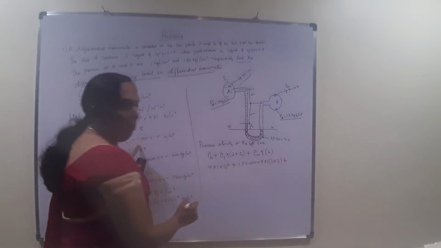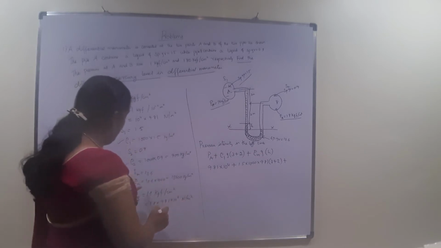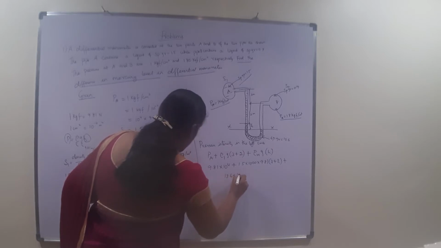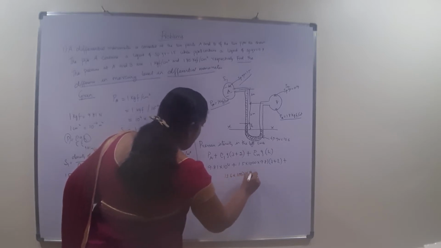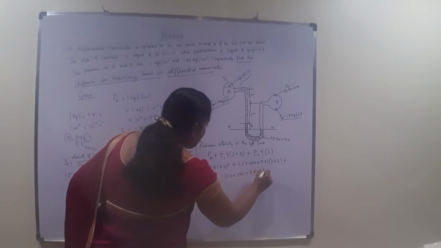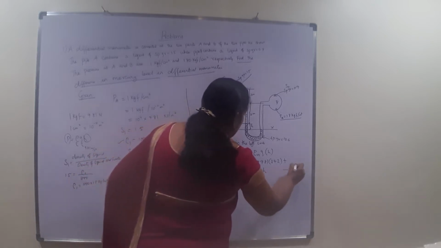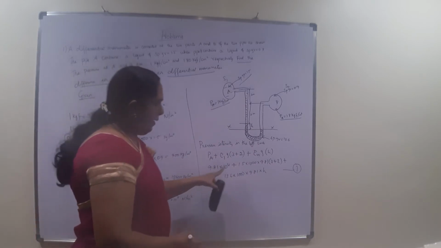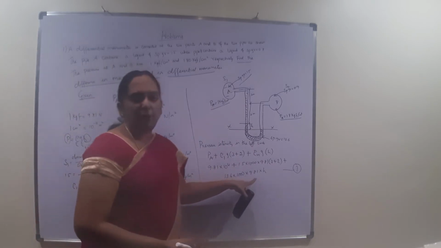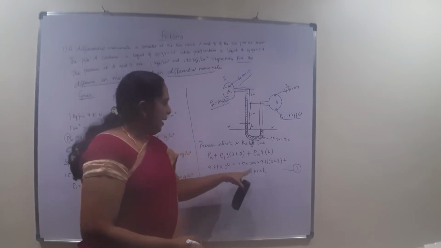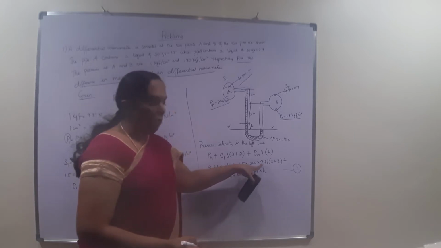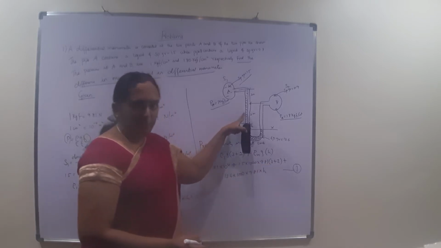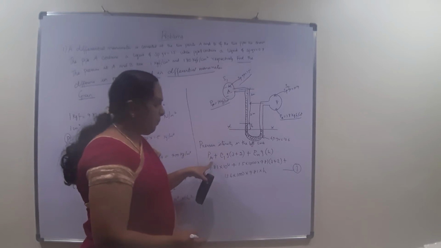Plus rho m, the density of mercury, which is 13.6 into 1000 into 9.81 into H, where H is unknown. This is equation number 1. So we have 13.6 into 1000 into 9.81 into H because of mercury, plus 1.5 into 1000 into 9.81 into 2 plus 3 because of the liquid in pipe A, and the other one is the pressure at pipe A.